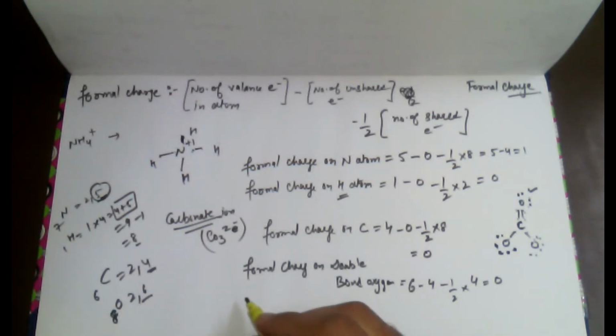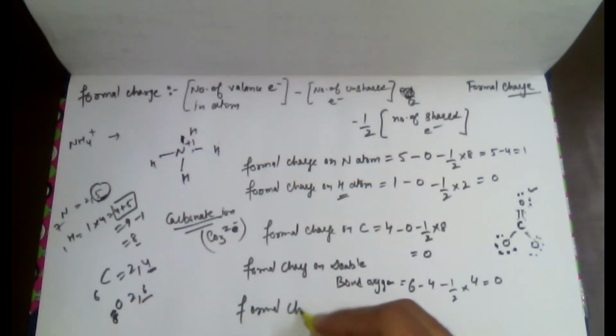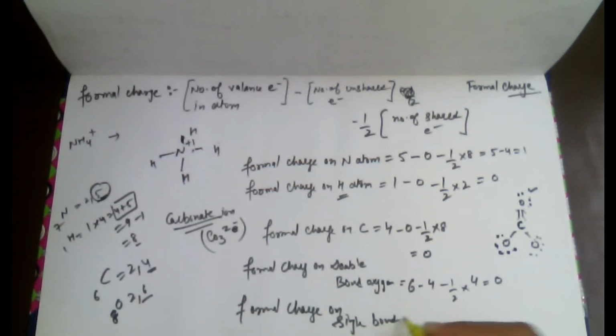You can easily calculate the formal charge of any compound given to you with the same formula. Formal charge on single bond oxygen. How many single bond oxygens are present? Here 2 single bond oxygens are present, and both have the same behavior.